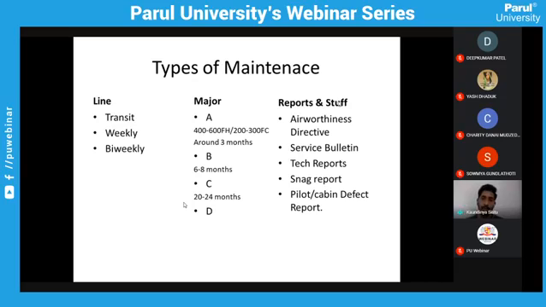If the service bulletin is not recording it, it will refer again to the AMM, which is the aircraft maintenance manual, which says what to do, how to open the bolt. You have to turn it anti-clockwise to remove and clockwise to close it. Every part will be recorded in that. You just have to know how to look at the manual. If you know that, everything can be found within minutes.